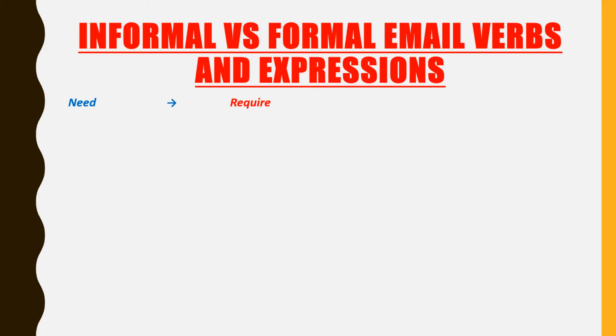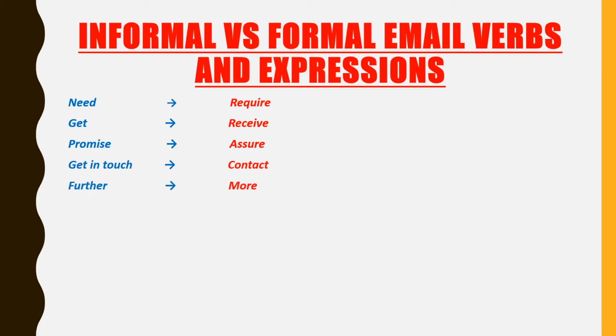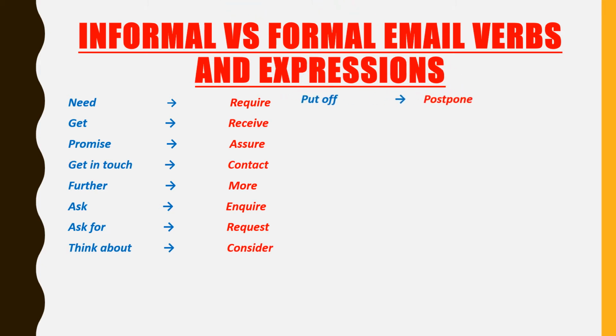In a formal context, for example, we can use require instead of need, receive instead of get, assure rather than promise, contact rather than get in touch, more instead of further, inquire instead of ask, request instead of ask for, consider rather than think about, postpone instead of put off, and we have already mentioned that phrasal verbs are to be avoided in formal context.